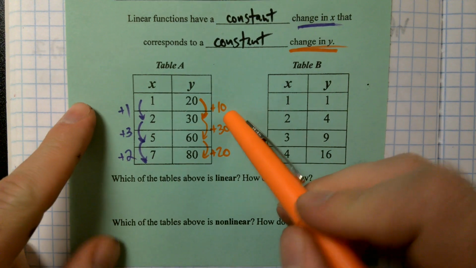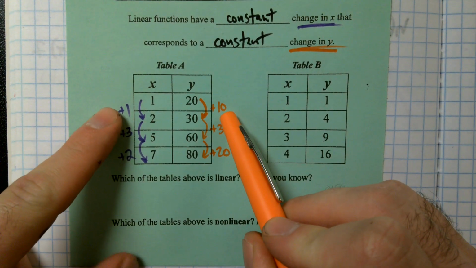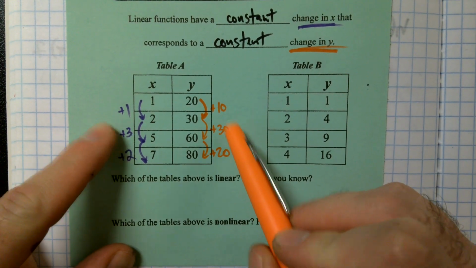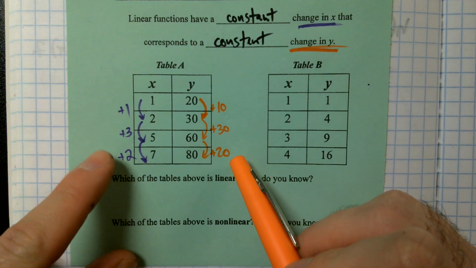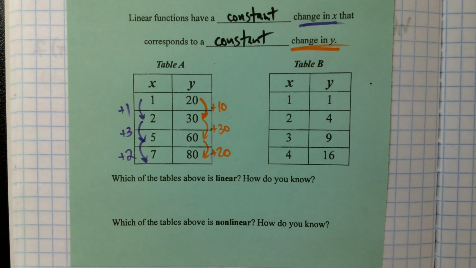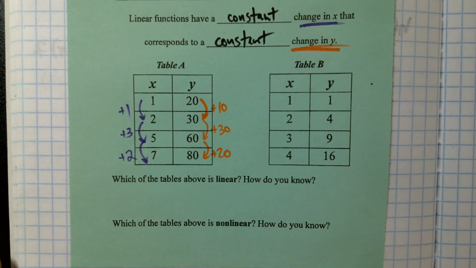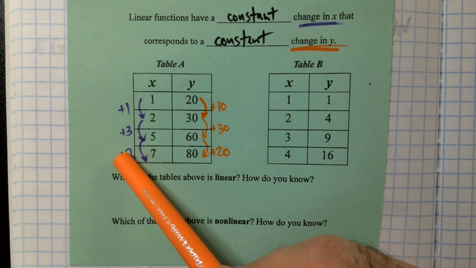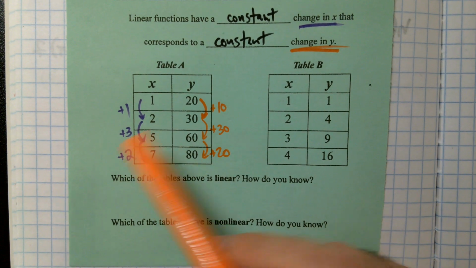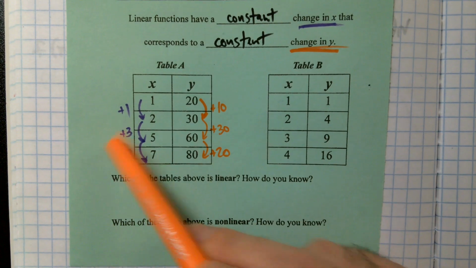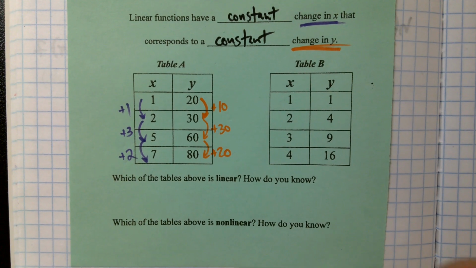That's right. If I take each change in y and divide it by its corresponding change in x, 10 over 1, 30 over 3, and 20 over 2, what do those all simplify to? Well, what's 20 over 2? 10. What's 30 over 3? 10. What's 10 over 1? 10.